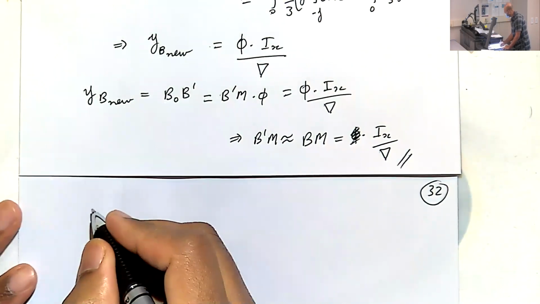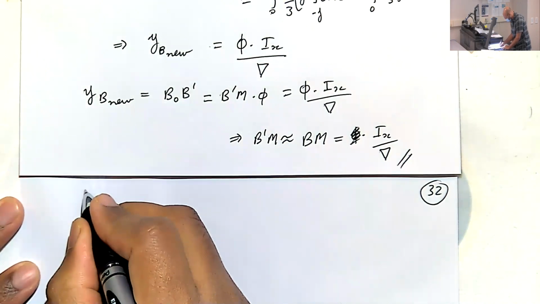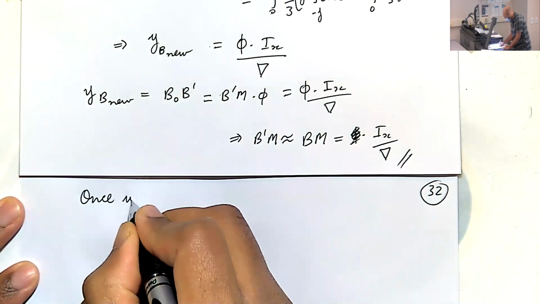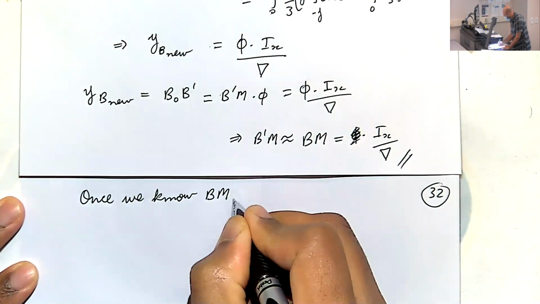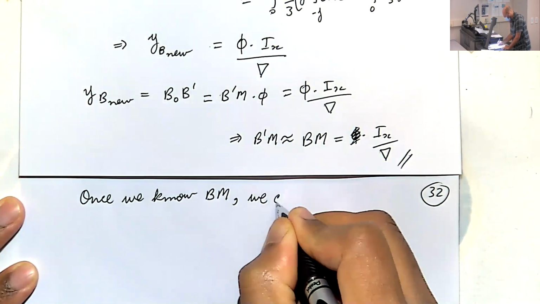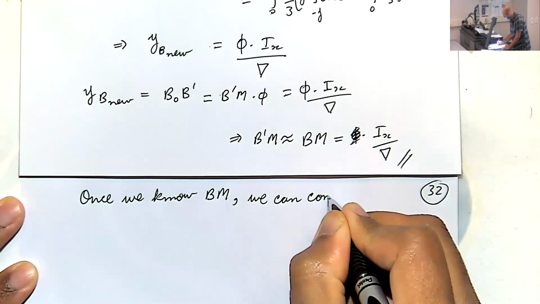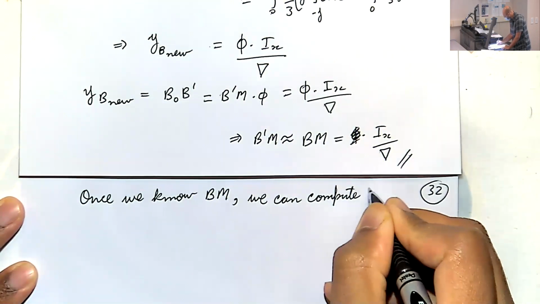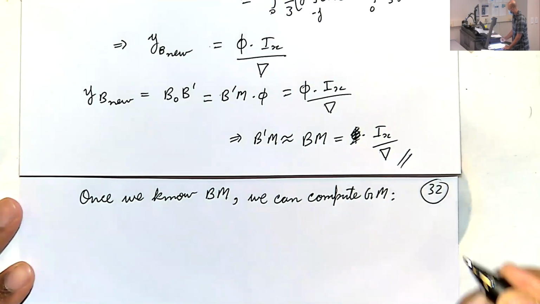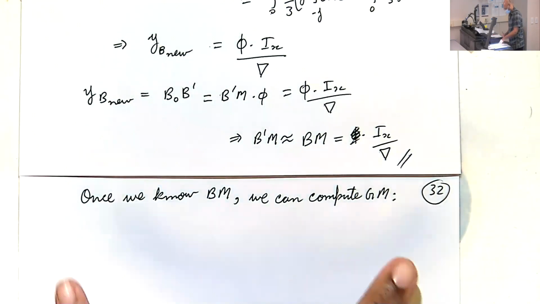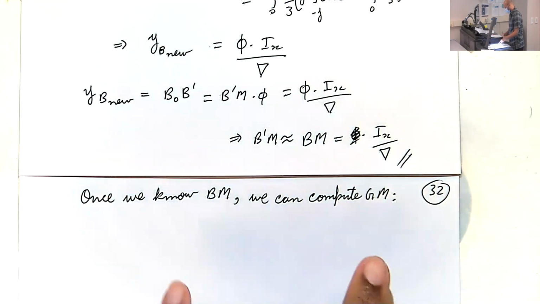Let me just write one sentence and then we can stop. And next class we'll go further into how exactly to compute GM.